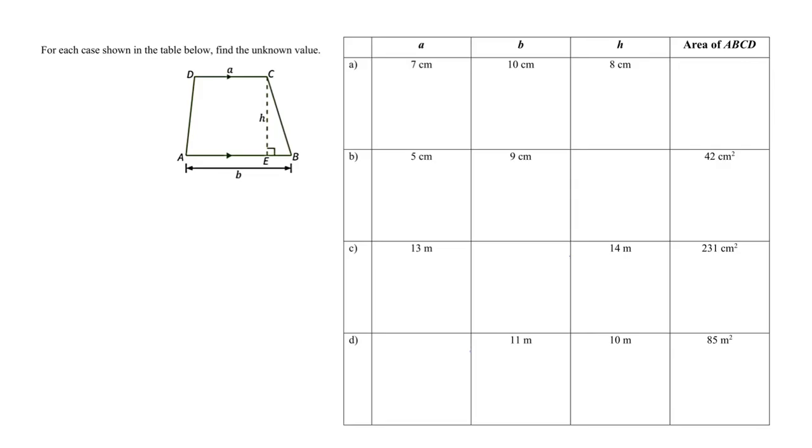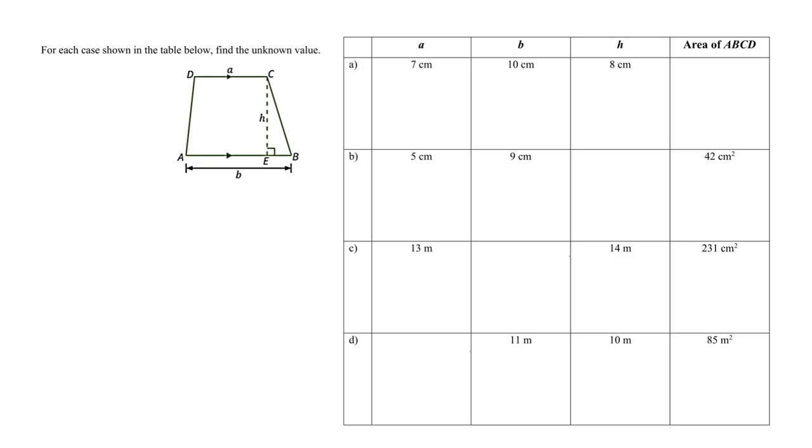And welcome to this video where we are given this diagram, and there are a few cases where one of the unknowns we are required to find. For example, for part A, the area of this trapezium ABCD is the thing that we are required to find.